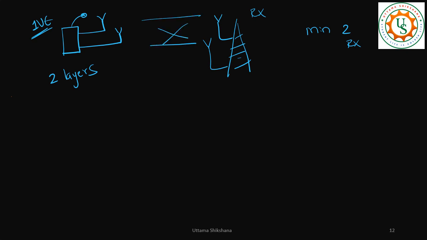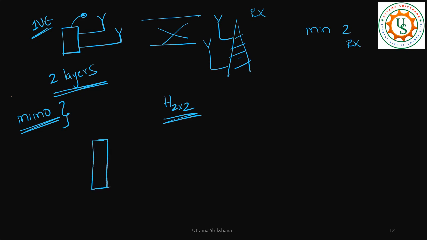Then what would be my channel matrix H? It would be 2 cross 2, right? In this case, with two layers, we had seen MIMO channel estimation, and how to allocate the DMRS. We had seen a couple of techniques, two scenarios as of today.